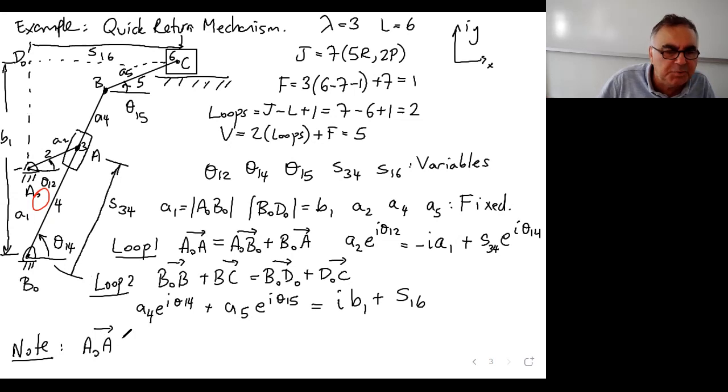Another possible loop equation is A0A plus AB plus BC will be equal to A0D0 plus D0C.